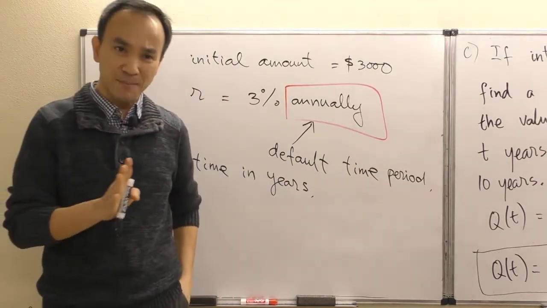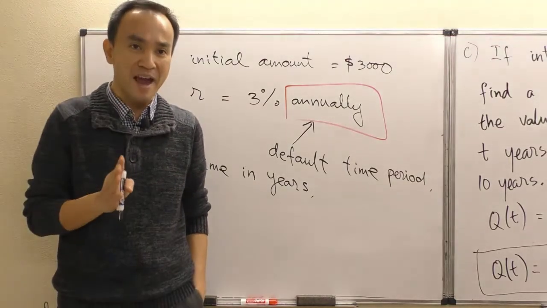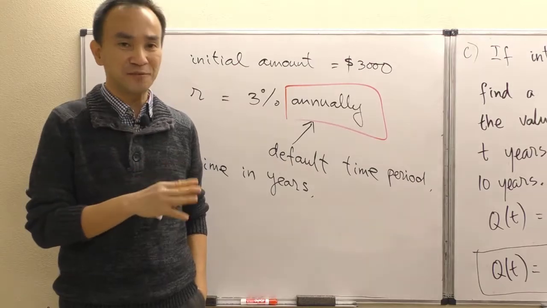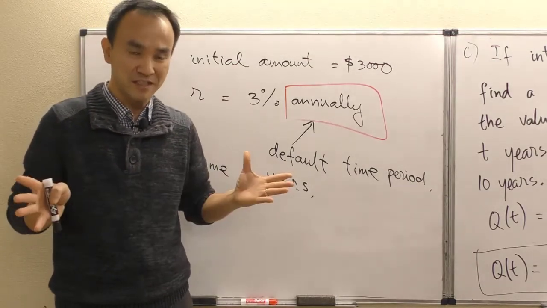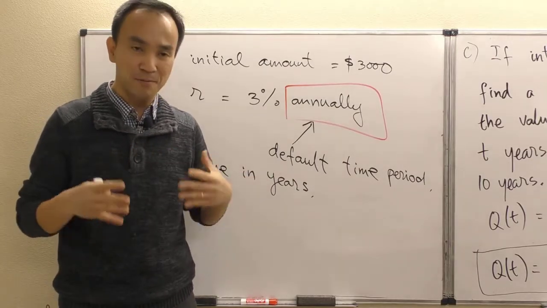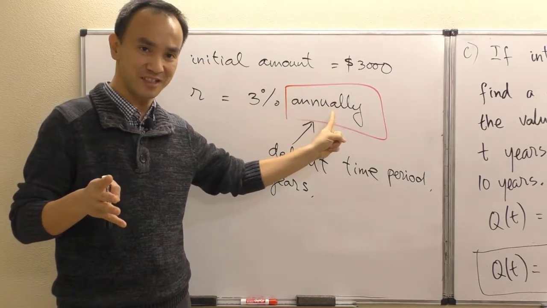I mean, there will be a couple times here and there throughout our problem solving that we may have to assume some default time period, but a large percentage of the time, it's given.